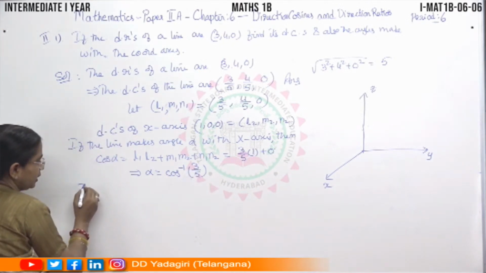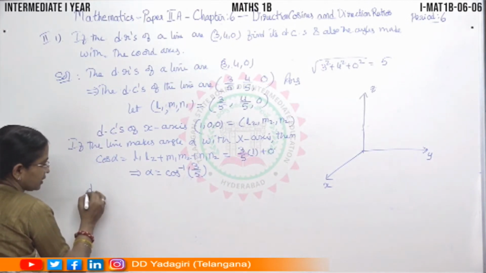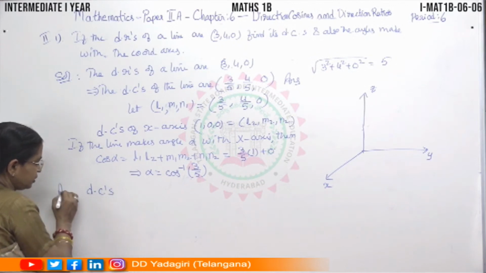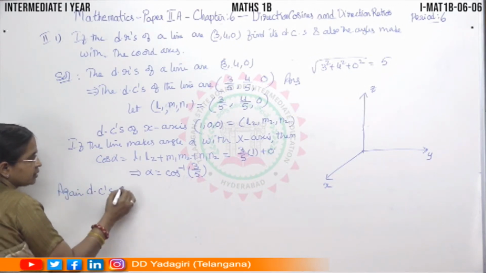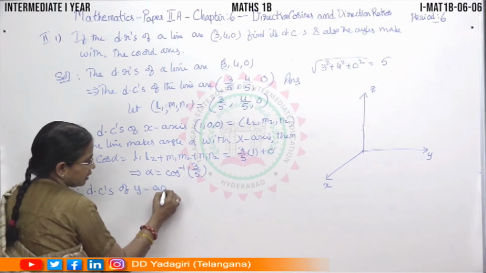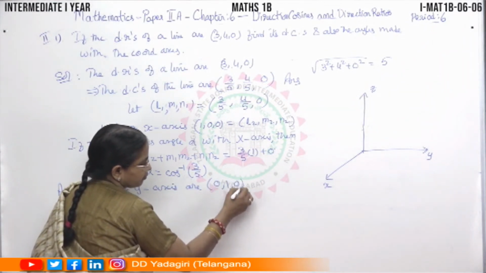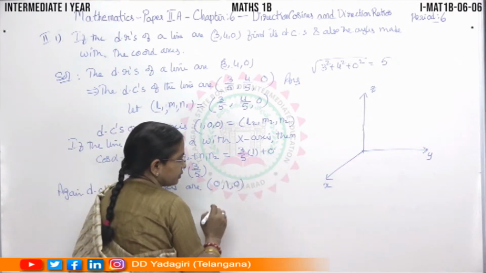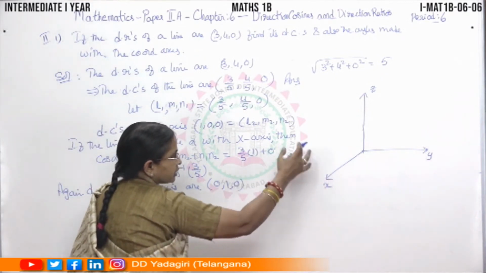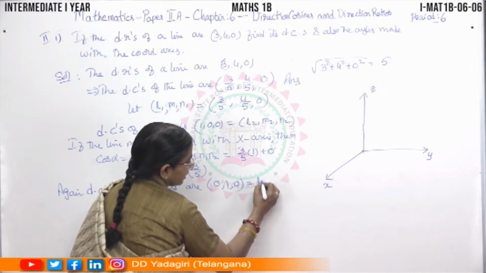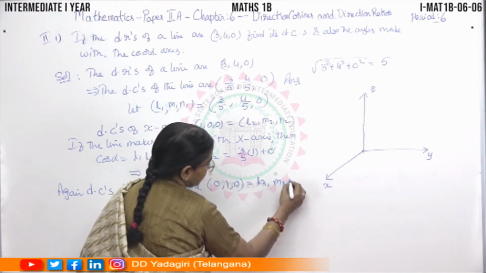Now again, the DCs of y-axis are 0, 1, 0, because it makes 0 degrees with y-axis, 90 degrees with x and z-axis. So this becomes L3, M3, N3.